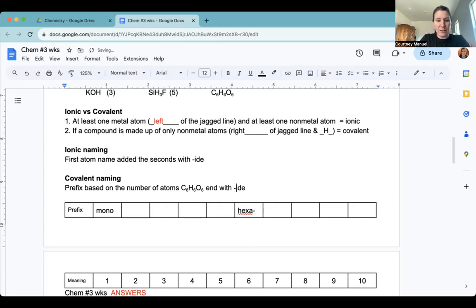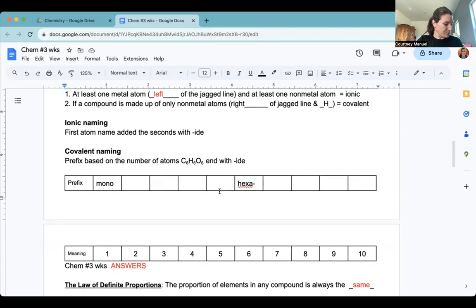Very similar as the ionic, how you end it. Some of them also end with "ates" and "ites," but we're just going to keep it simple right now. So we're going to name it hexacarbon, hexahydrogen, hexaoxide. That would be how you would name this compound because it is covalent, because none of them are in the metal category left of the jagged line. Okay, I think you can take it from here.